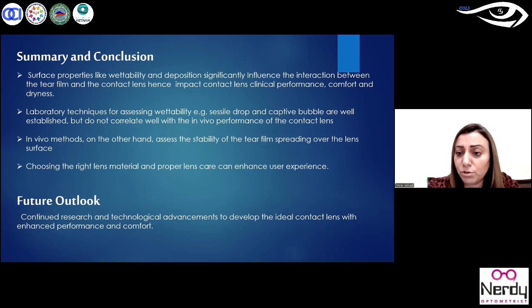Now, the future outlook. All companies and all manufacturers are making efforts to improve their lenses more and more. They want to reach the ideal contact lens. Until now, from the 1930s until now, there is no ideal contact lens, because it's not just about wettability and deposition, it's about all properties of contact lenses.